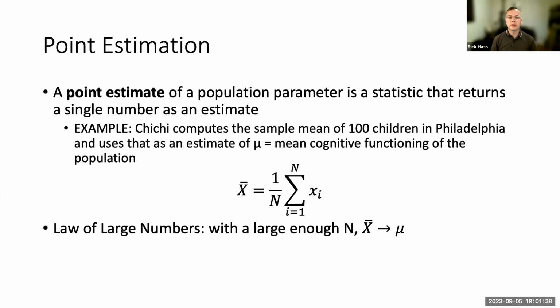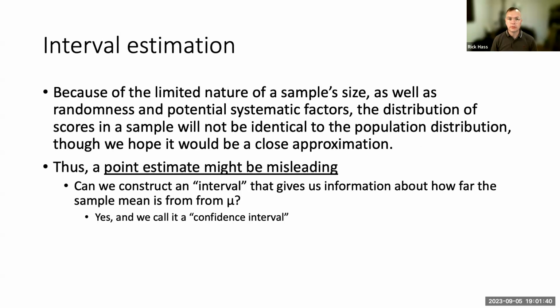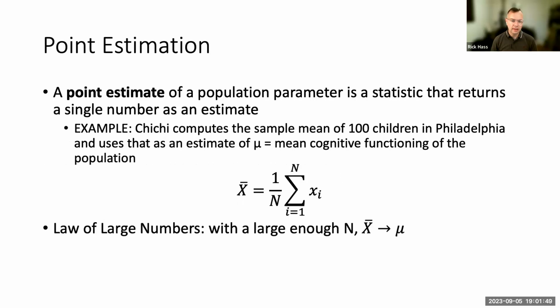The real question becomes, are we sure? Are we certain that, let's say we compute the mean cognitive functioning of 100 children in Philadelphia, how close do we think that is to the real value?